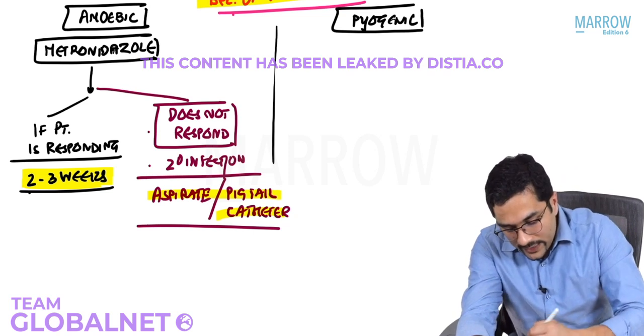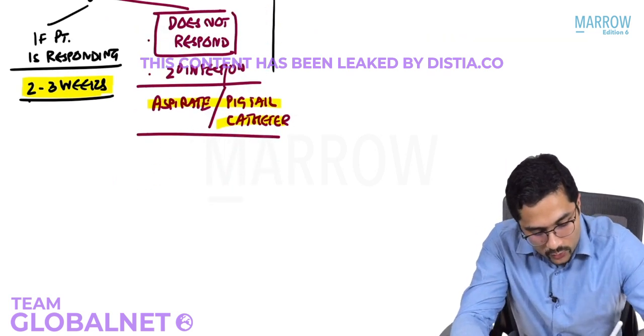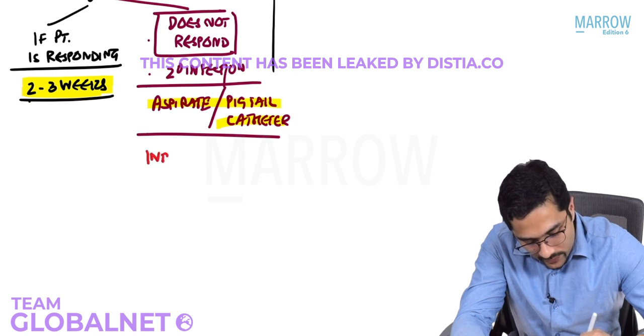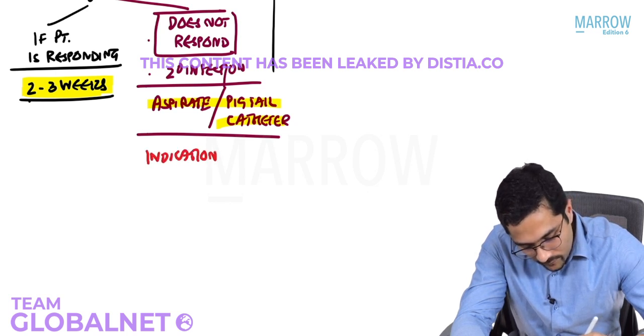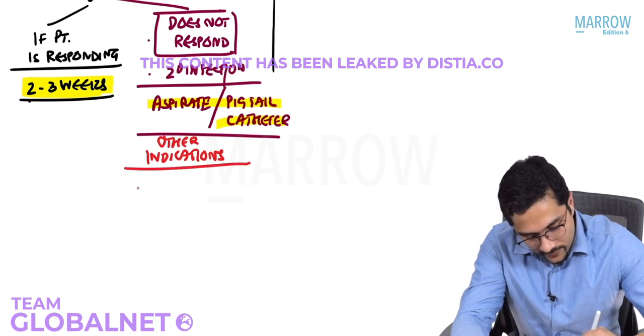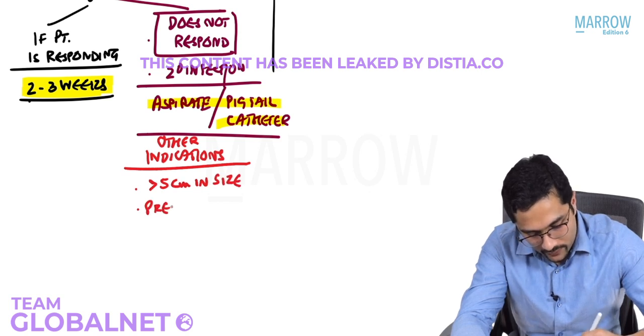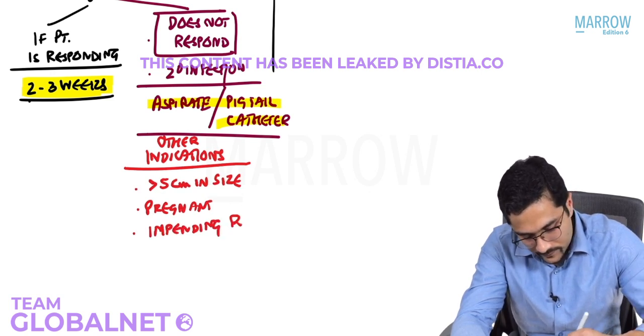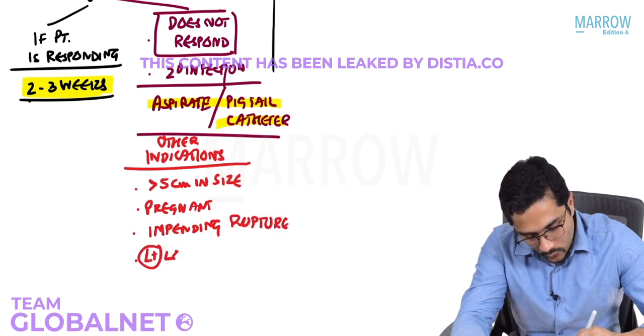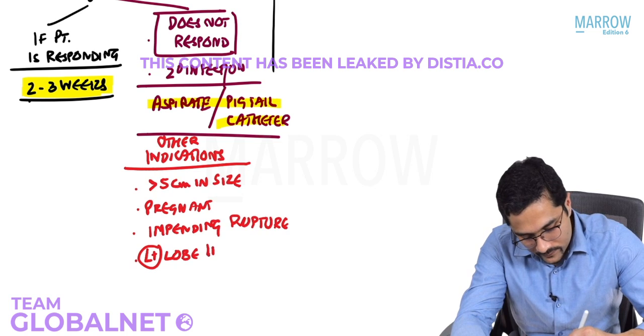What are the other indications for aspiration or to put in a pigtail catheter in amoebic liver abscesses? The other indications are if the abscess cavity is more than 5 centimeters in size, if you have an amoebic liver abscess in a pregnant patient, if there is impending rupture, or if there's a left lobe liver abscess.